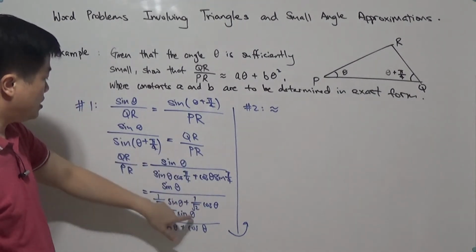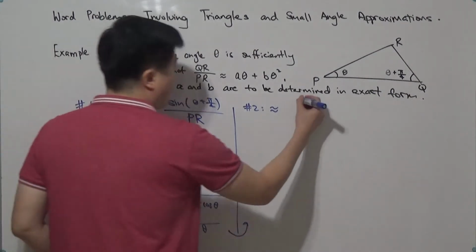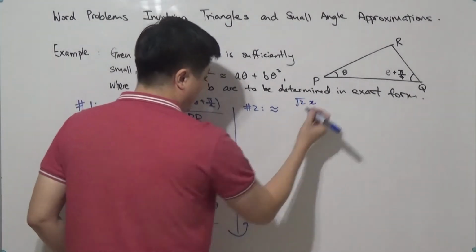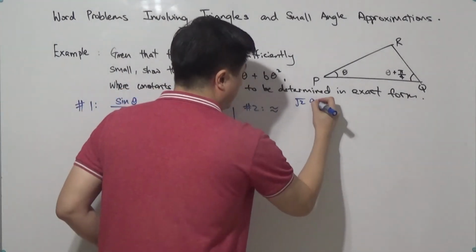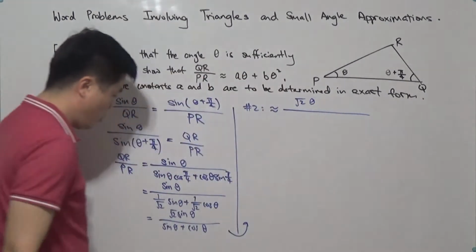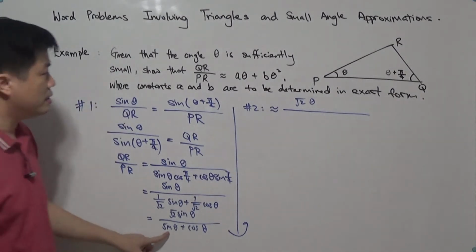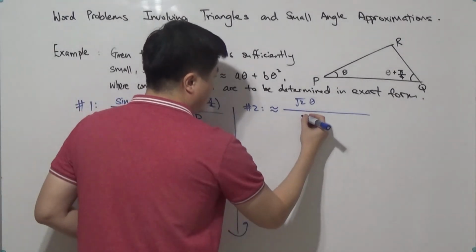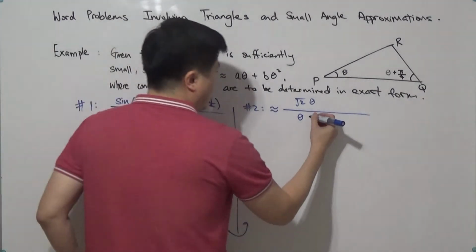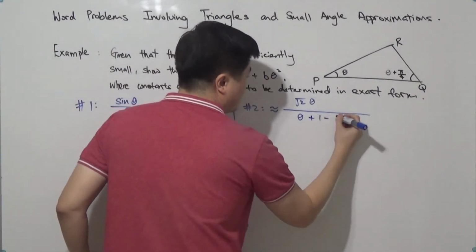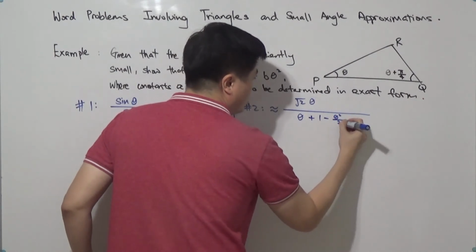So if theta is sufficiently small, then it will be approximately equal to square root 2 theta. And then over for sine theta, again, we can approximate that to theta. And then for cosine theta, it is 1 minus theta squared over 2 factorial.